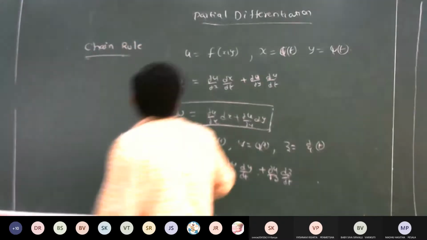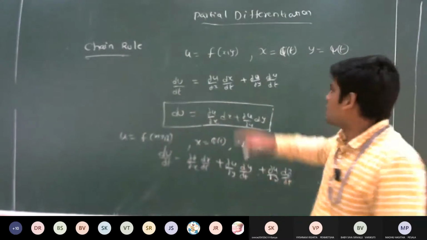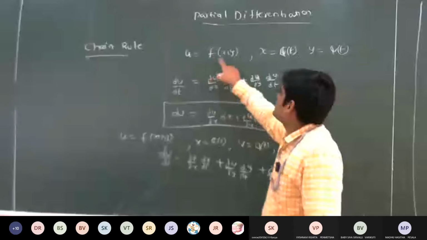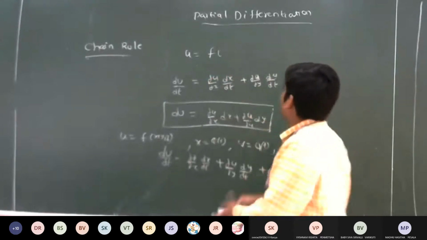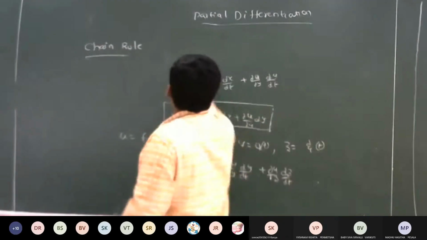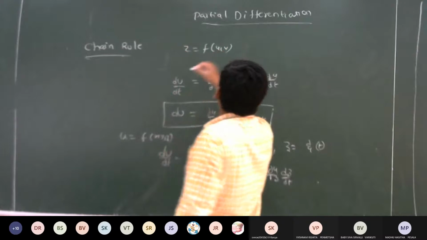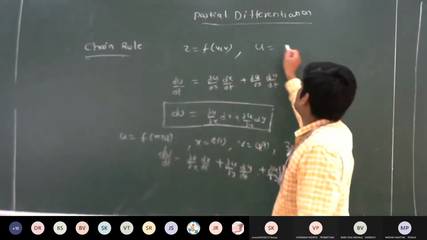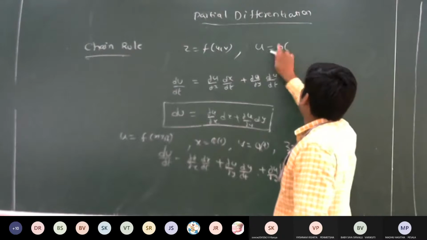So what is the difference between the total derivative and the chain rule? In the total derivative, u is a function of x and y. Suppose z is a function f of u comma v, and u is a function of, say, phi of x comma y.